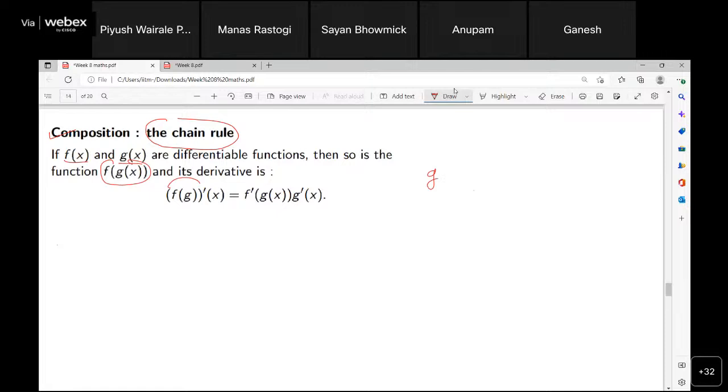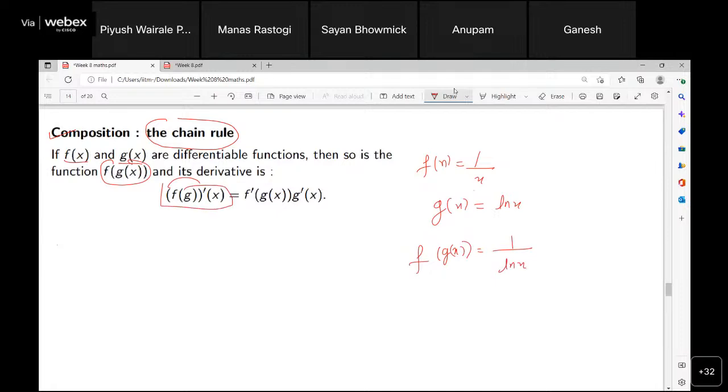Okay, g of x is given. So I will here consider f of x as 1 by x, g of x as ln of x. Now f of g of x will be my 1 upon ln of x, right?